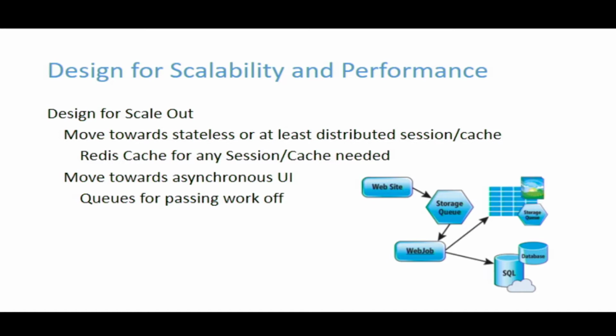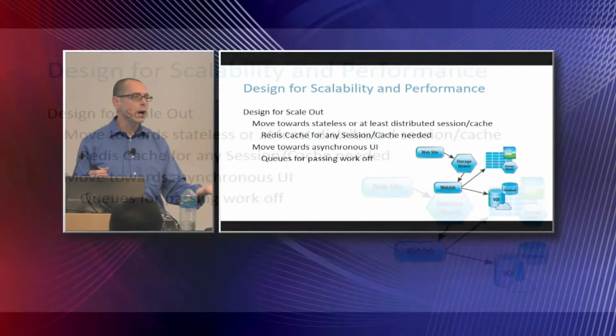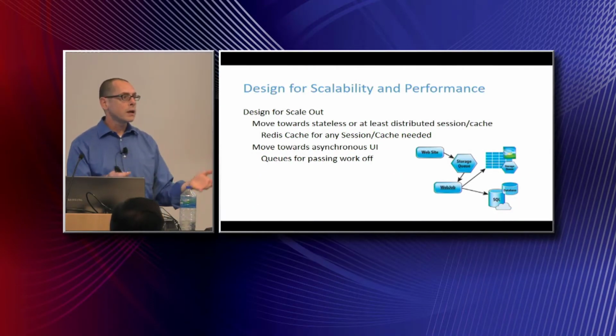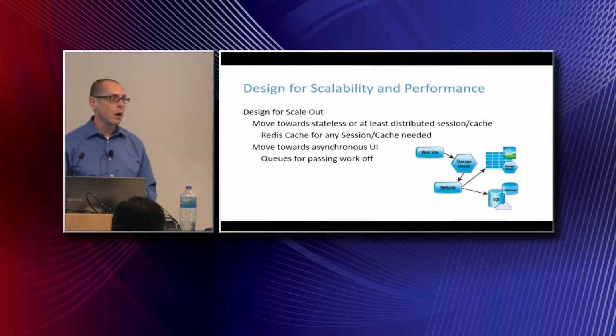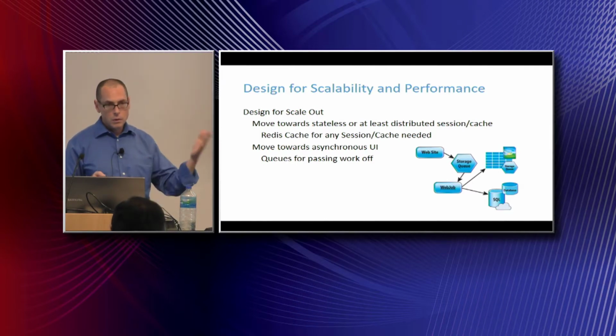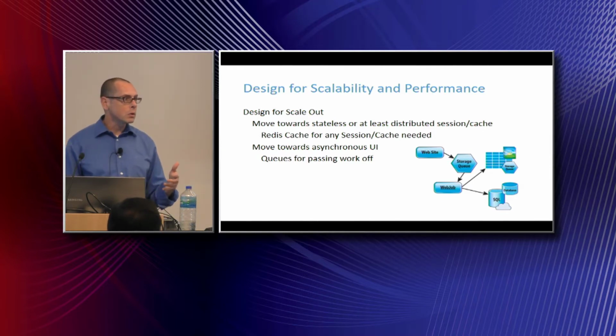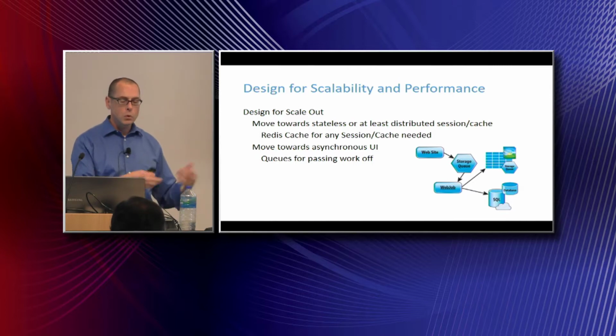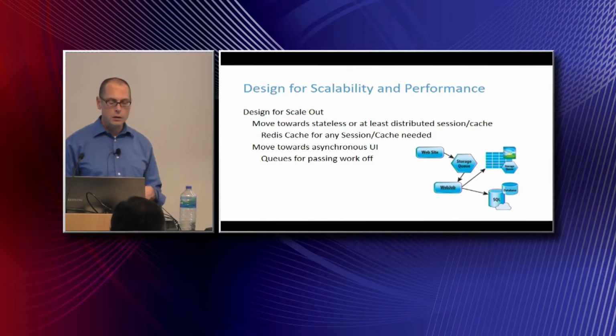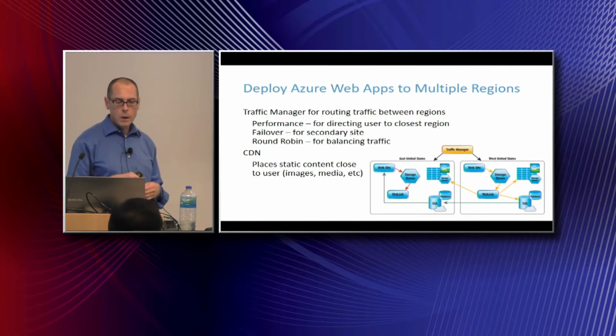If it's going to be long running, throw it in a queue and have a web job or some other processing take care of it and then return it back to the UI. Those are ways to get your app that may not be designed to be scalable to scale out to multiple instances.